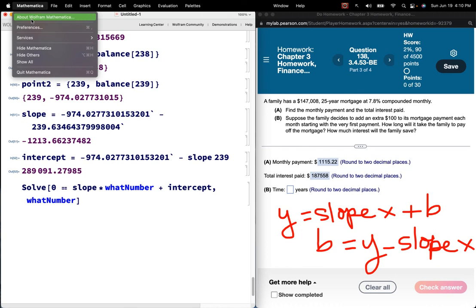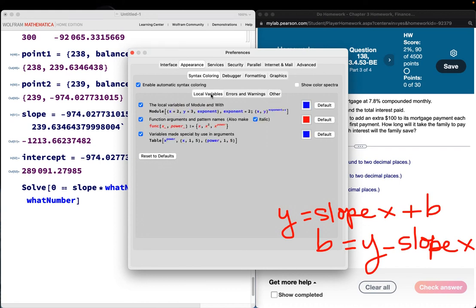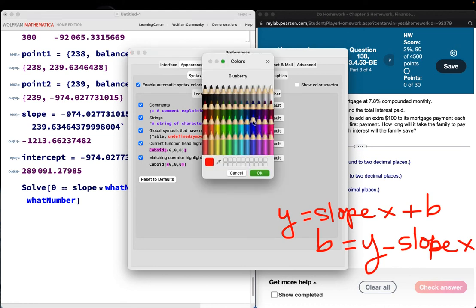Wait a minute. I'm just playing with my preferences, guys. I'm just trying to change the values, the local variables. Oh, this is why. Let me go back to blue.